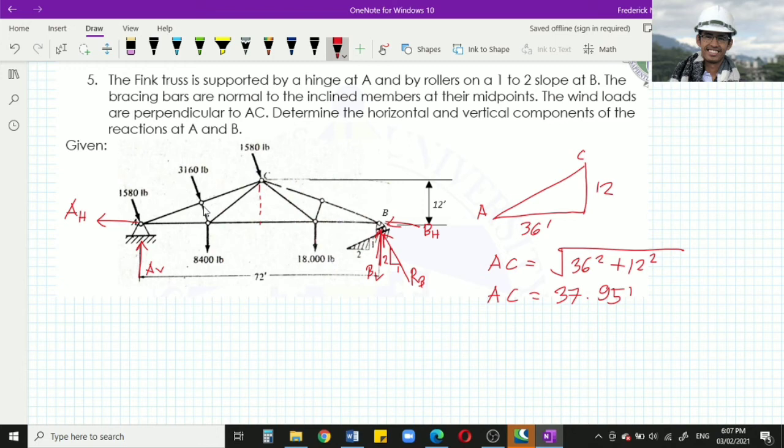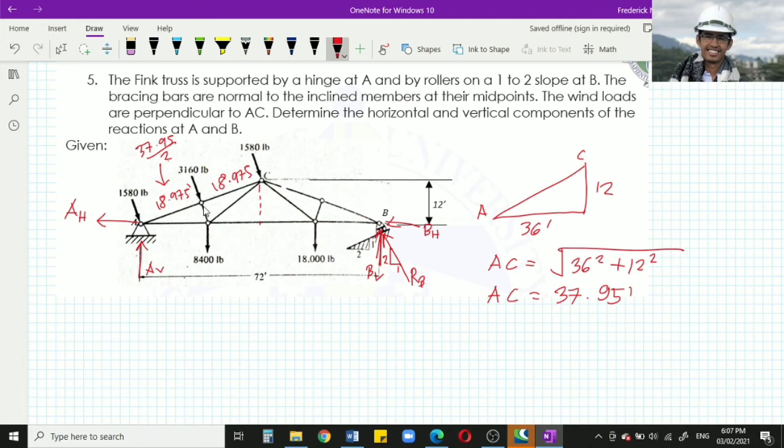Sabi niya, midpoint yung kanyang bracing bars. So 37.95 feet divided by 2. So yung length ng between forces natin dito sa taas will be 18.975. So same din dito, 18.975. So this will be 37.95 over 2.